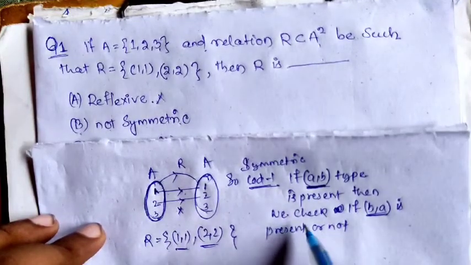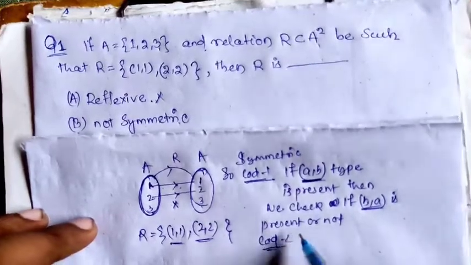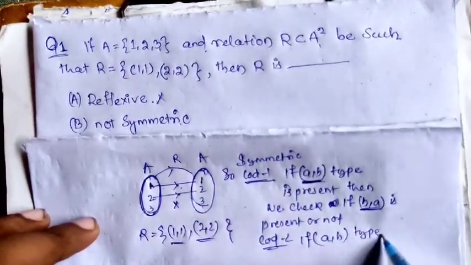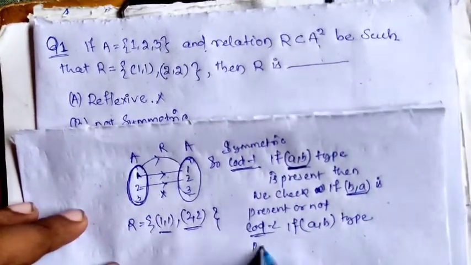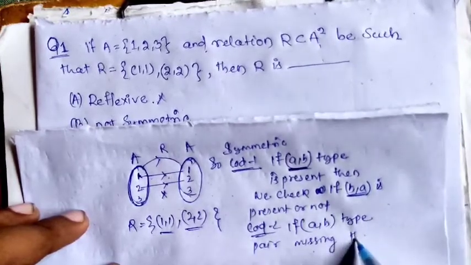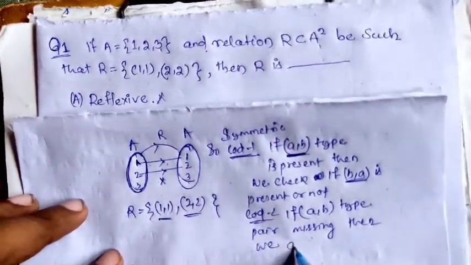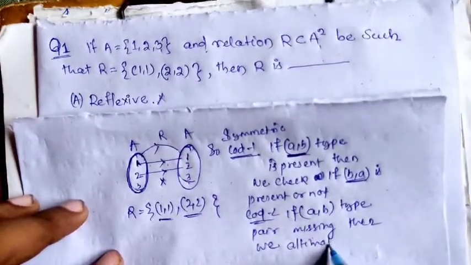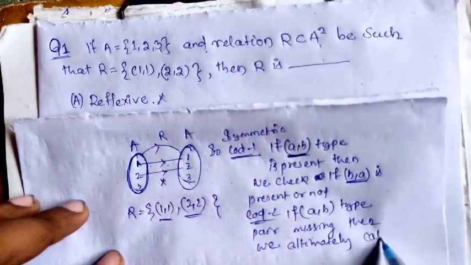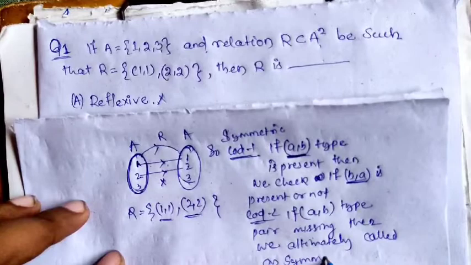So condition 2 says if AB type pairs are missing, then we ultimately call it symmetric.